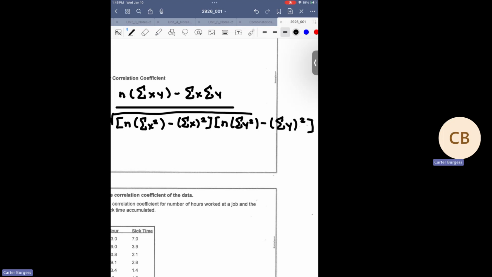So N here is our sample size. If I, for instance, give you 2 data points, N would be 2. If I gave you 70 data points, N would be 70. It's just going to depend on the amount of data that we are using.